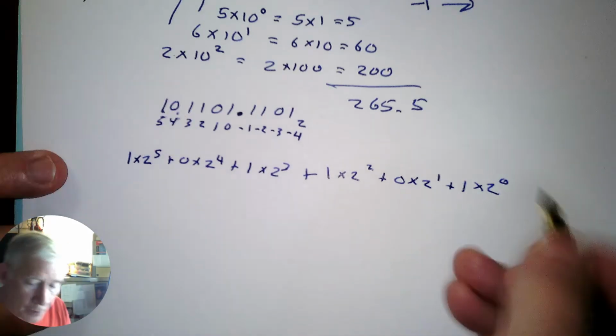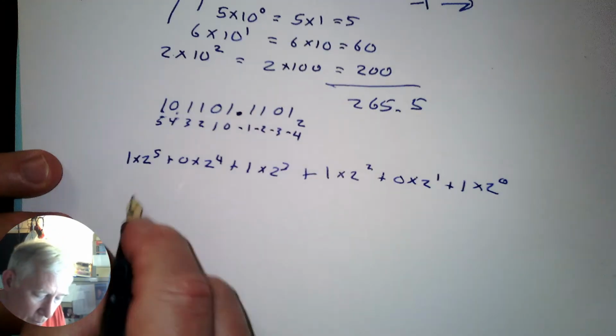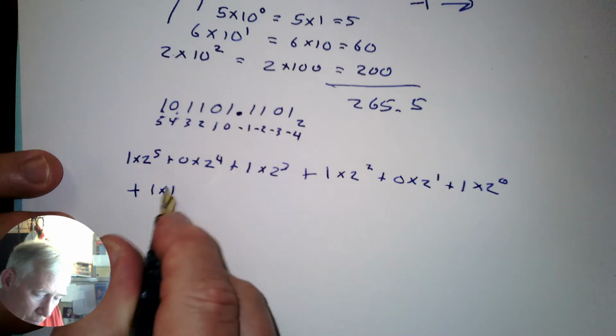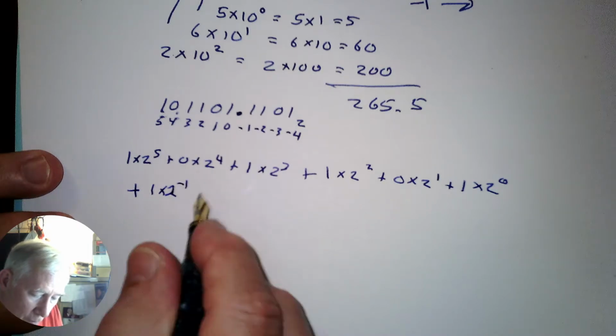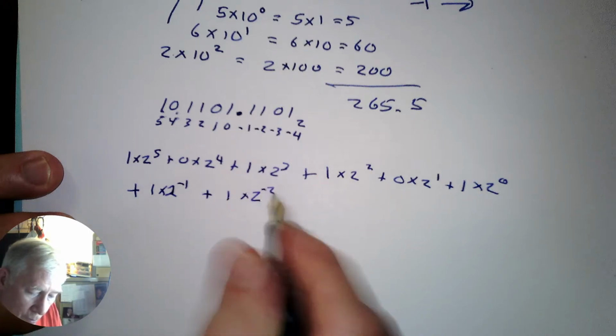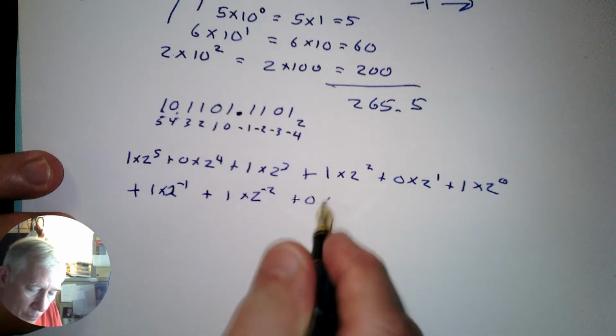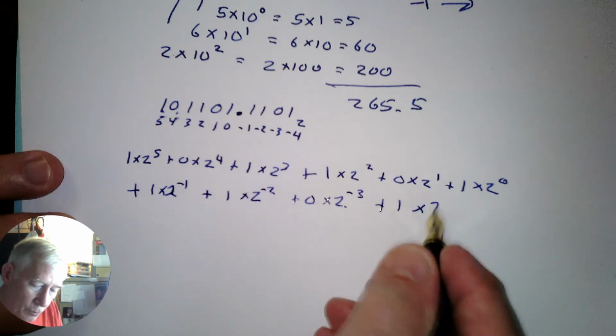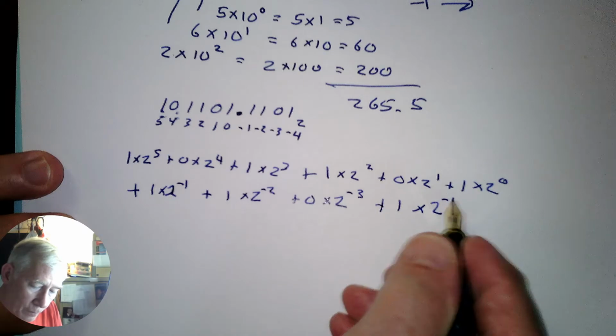Now that's all the positive powers, but we have to keep going. Plus 1 times 2 to the minus 1, plus 1 times 2 to the minus 2, plus 0 times 2 to the minus 3, plus 1 times 2 to the minus 4.